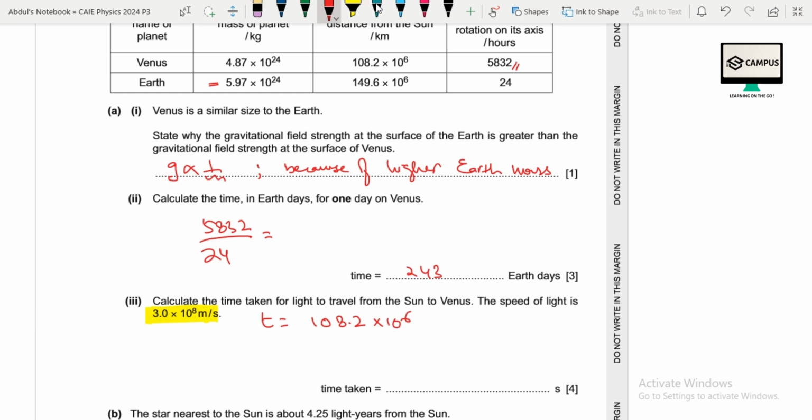We need to convert that into meters, so multiplying again by 10 to the power 3, divided by the speed of light, 3 times 10 to the power 8 meter per second. Some units will cancel out, and if we calculate that, it gives us 360.7 seconds.